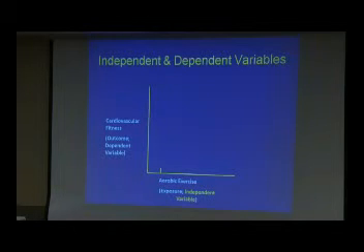And let's suppose that that level of aerobic exercise correlates with, or is associated with, this level of the dependent variable of cardiovascular fitness. We can plot those, the place where the two of them come together. A higher level of aerobic exercise and a higher level of cardiovascular fitness. A higher still level of aerobic exercise with a higher level of cardiovascular fitness. And I think you get the idea, you see the pattern.